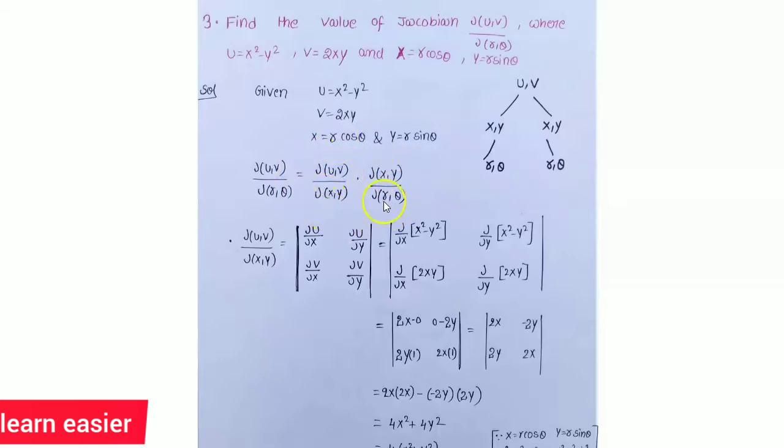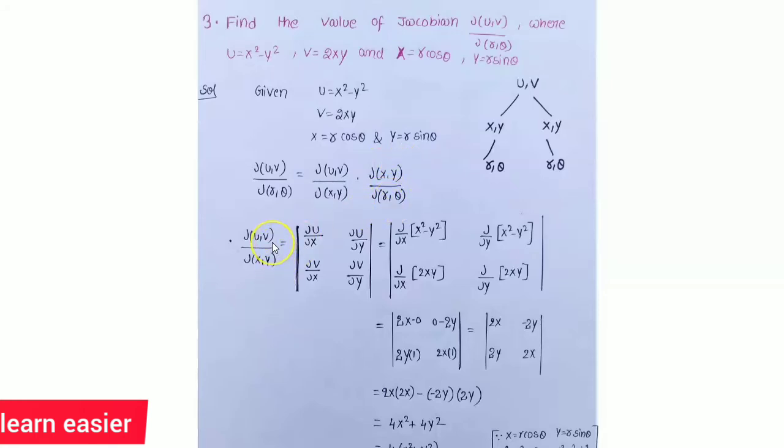The product of these two is equal to ∂(u,v)/∂(r,θ), which is the property, as we have seen in an earlier video, property 2. So it is based on the chain rule. We have found that ∂(u,v)/∂(r,θ) is equal to ∂(u,v)/∂(x,y) into ∂(x,y)/∂(r,θ).